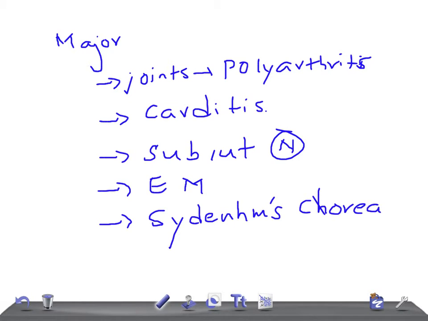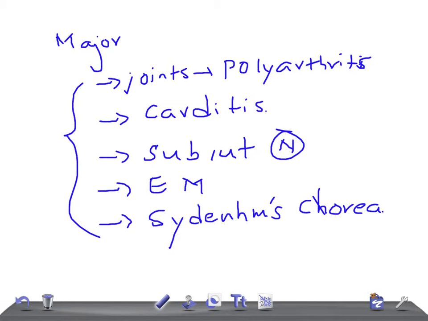Okay guys, so these five are really very important and you should know very well about this. Most important, the major criteria for rheumatic fever according to Jones is joints, that's polyarthritis. Then involves the heart, known as carditis, and subcutaneous nodules, erythema marginatum, and Sydenham's chorea.